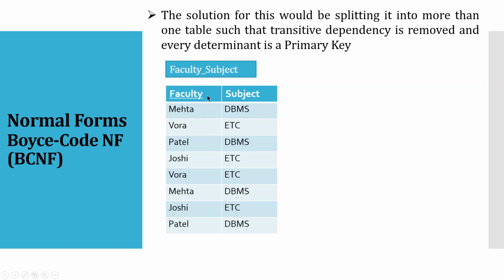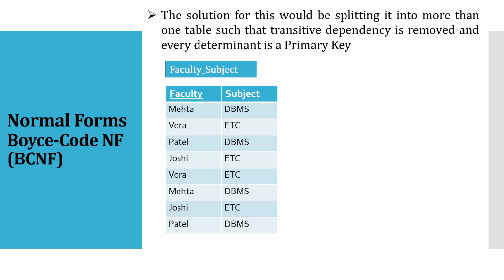So you can change the primary key here. So faculty determines the subject. So Mehta determines DBMS, Vora determines ETC, Patel determines DBMS. Likewise, all the faculties determine the subject.